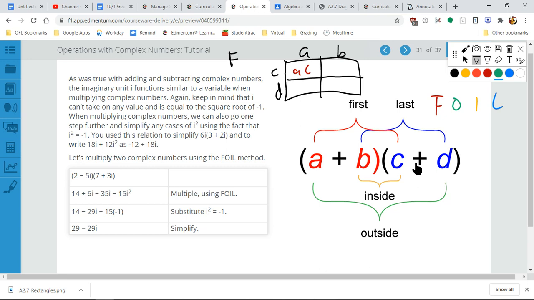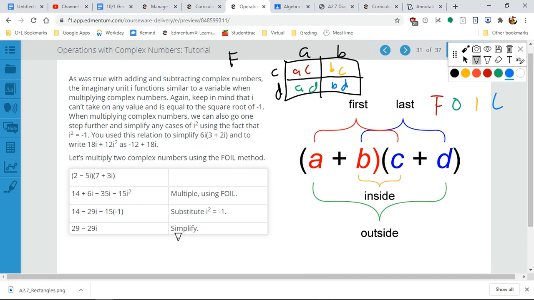So A times D is outer, so I'm going to do that in green. Then I'm going to do inner, which is the inside, so that's going to be this BC. And then I'm going to do last, which is this BD. So FOIL or box method, you can do both ways to multiply them.